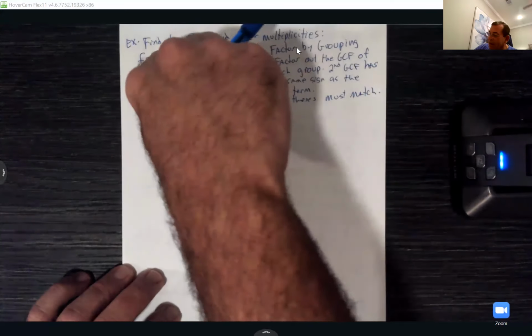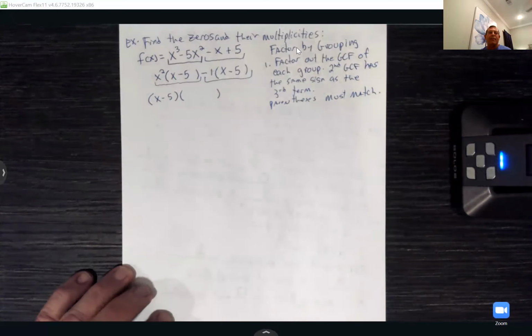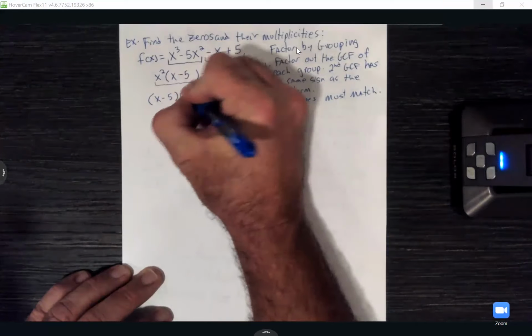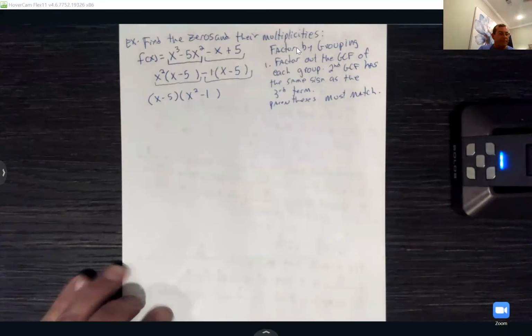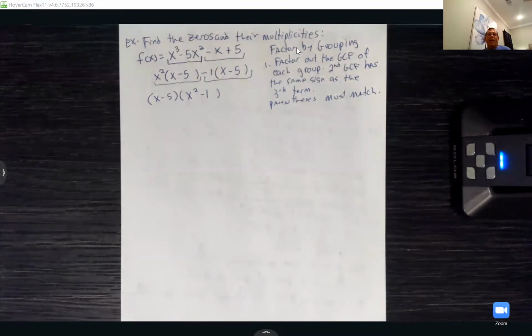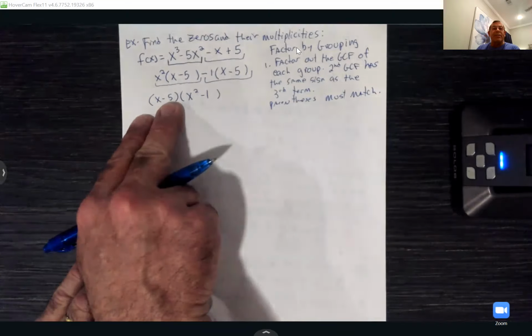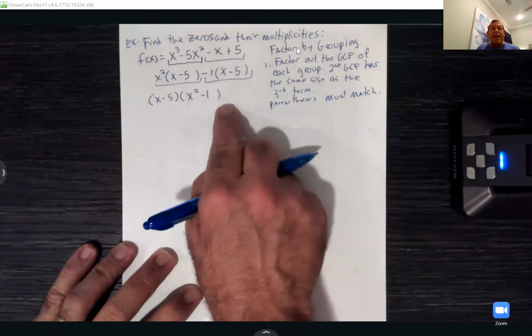What's left for my second parentheses? x squared minus 1. So y'all, that's the trick. Since the parentheses match, we pull them out as a GCF, and then everything else goes here. So now we've got our factors.